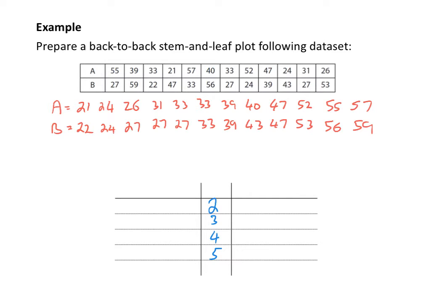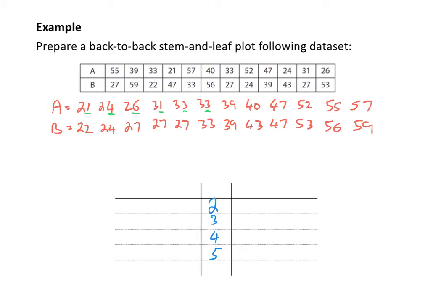So now that I have placed my stem values, I now need to do my leaf values. So remember, the leaf values are the last digits in each of the numbers, because the first digits are the stems that have already been placed onto the plot.